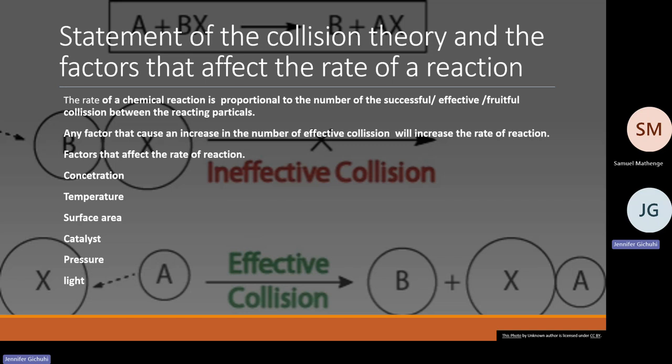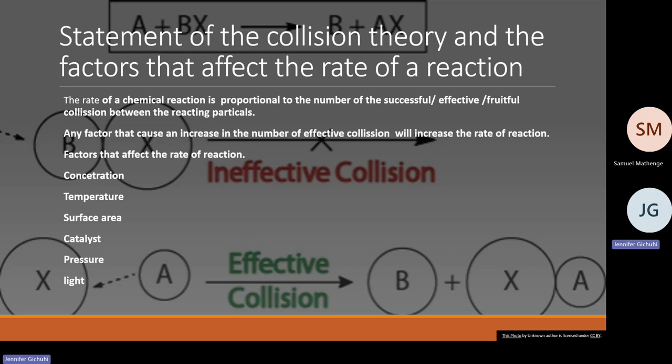The collision theory talks about the relationship between the rate of a chemical reaction and the number of successful collisions. And it says that the rate of a chemical reaction is proportional to the number of the successful or effective collisions between the reacting particles.